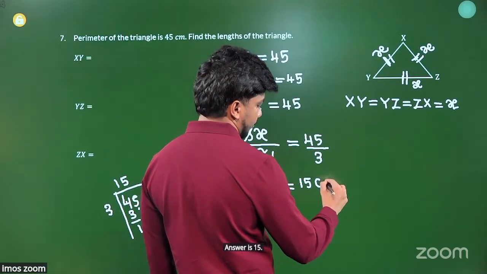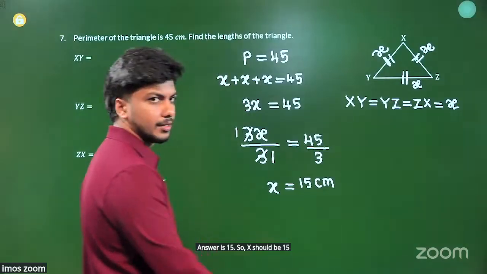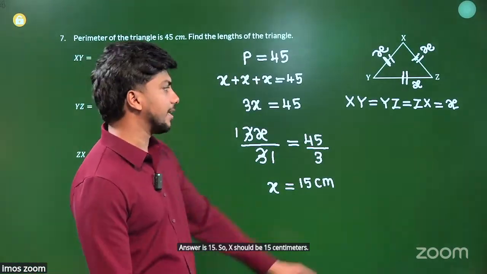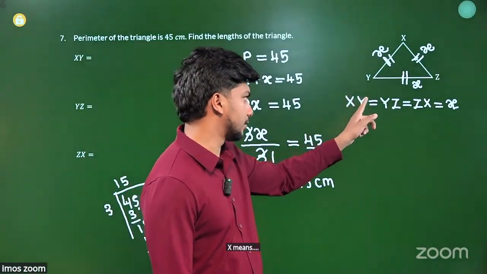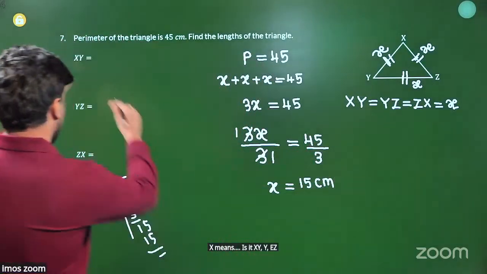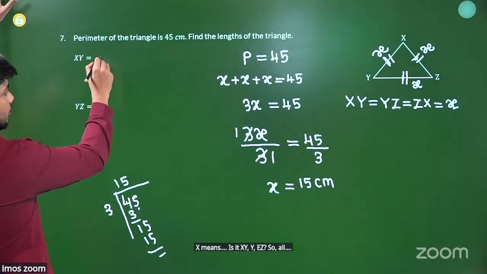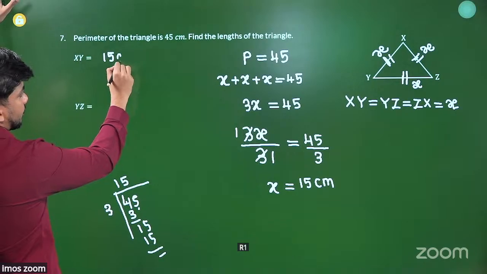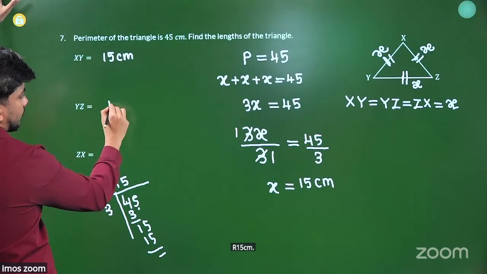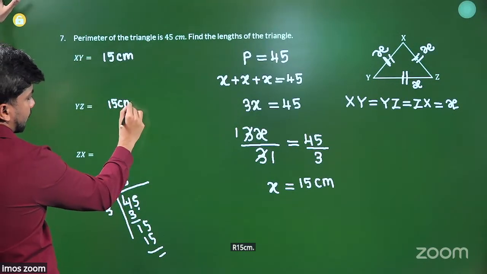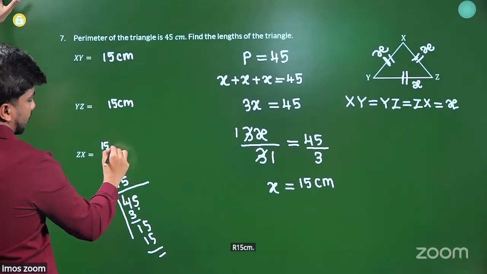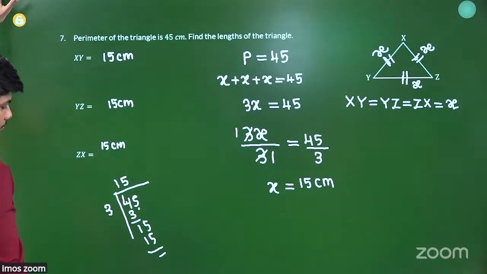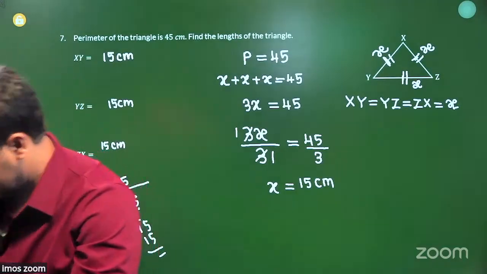So x should be 15 centimeters. X means XY, YZ, ZX. So all are 15 centimeters. Can you understand?